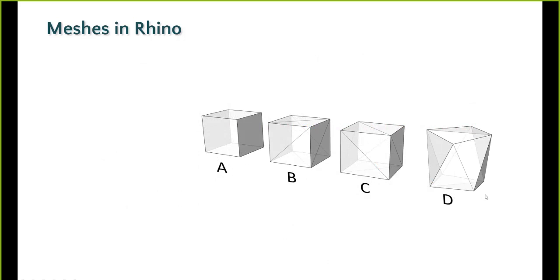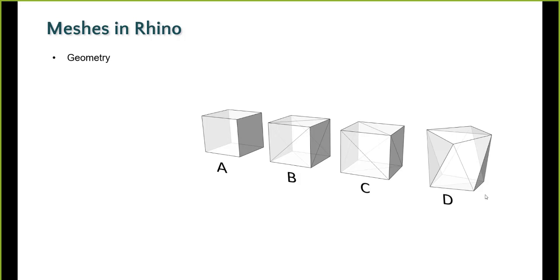So let's talk a little bit about geometry versus topology. We have these 4 objects here. When we look at geometry, 3 of the objects have the same geometry. A, B, and C are exactly the same form. They're all these cube-type forms.